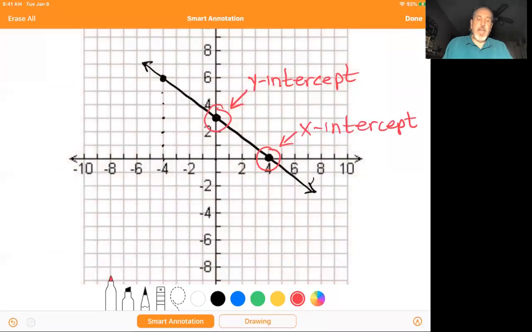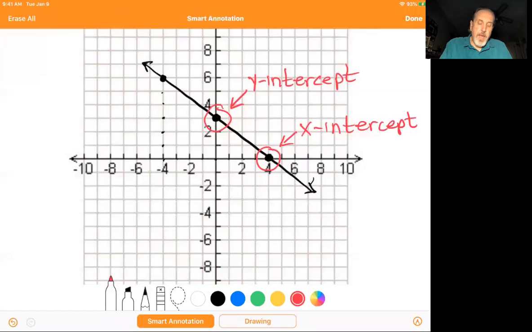Every line will have an x-intercept and a y-intercept as long as it's a slanted line. We'll look at some examples of horizontal and vertical lines where they'll have one intercept or the other, but not both. But any line that is slanted will always have an x-intercept and a y-intercept. Now, I want to remind you of what's important here about these 2 intercepts.